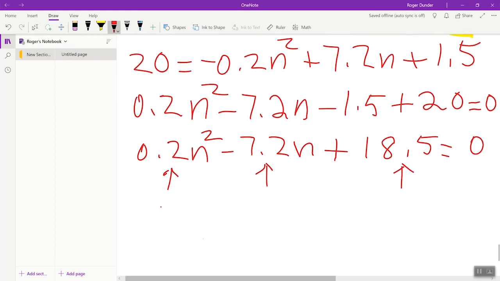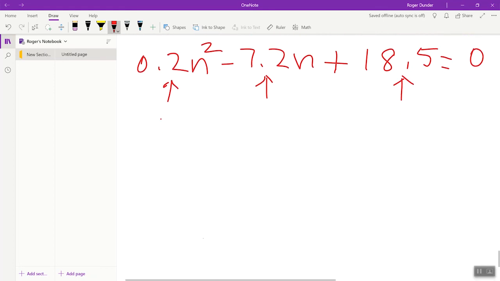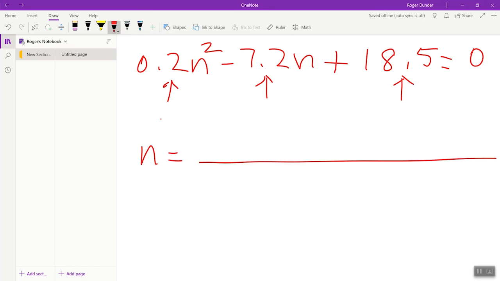Pretty straightforward. We use our quadratic formula and see what we can solve. Now, remember the quadratic formula that as we memorized it was x equals minus b plus or minus square root of b squared minus 4ac all divided by 2a. It was x equals, but it doesn't have to be x. It can be n. So here we have n equals minus b. B is negative 7.2, so minus a minus is plus. So this becomes 7.2 plus or minus the square root of b squared, 7.2 squared.